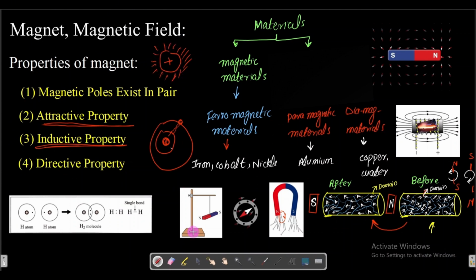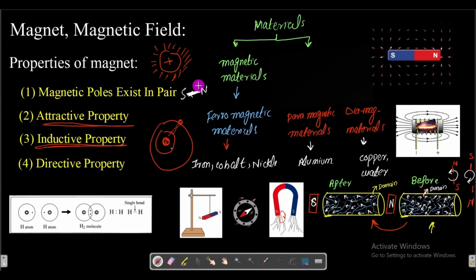But if we have a north pole, this north pole does not exist without a south pole. So if there is a south pole, there must be a north pole. If there is a north pole, there must be a south pole. A single south pole will not exist.